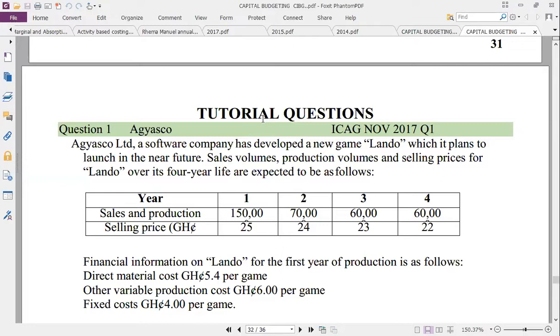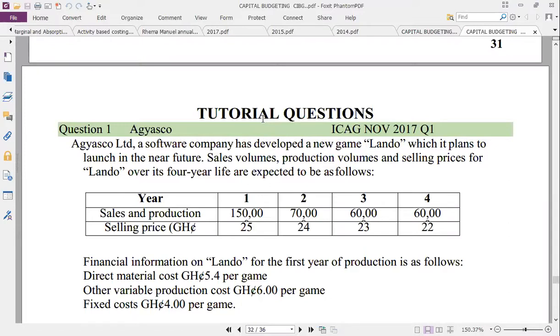So sales units or sales quantities, and production units, and the selling prices for the Landu over its 4-year life are expected to be as follows. So the production units are there: 150,000, 70,000, 60,000, 60,000. Selling prices, they are all there from 25 to 22.